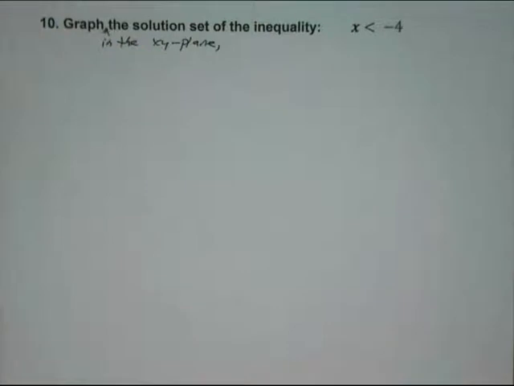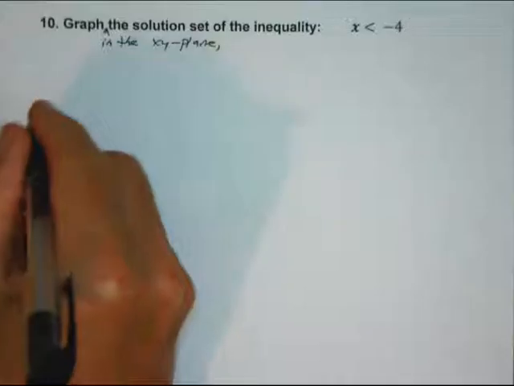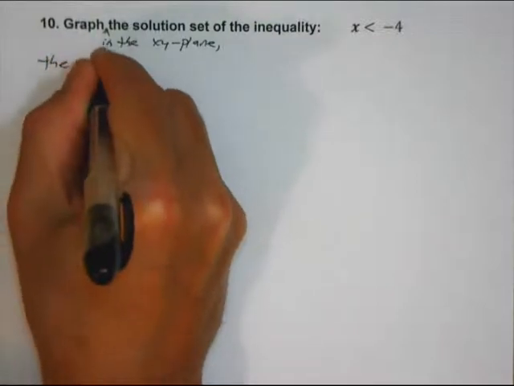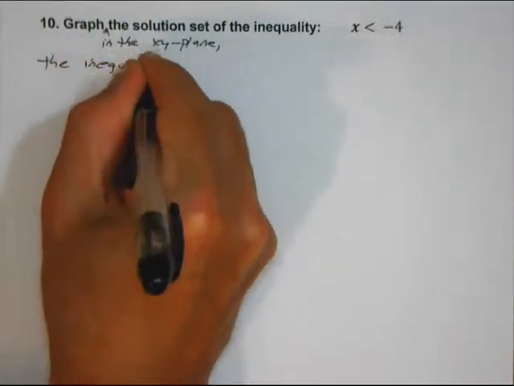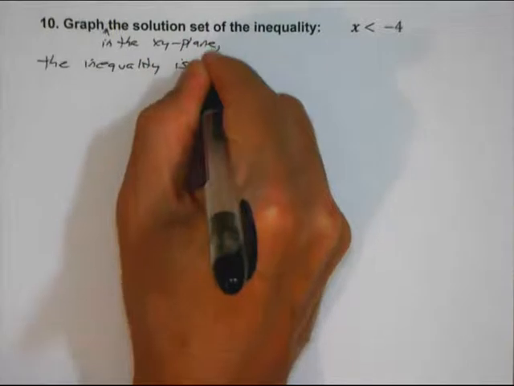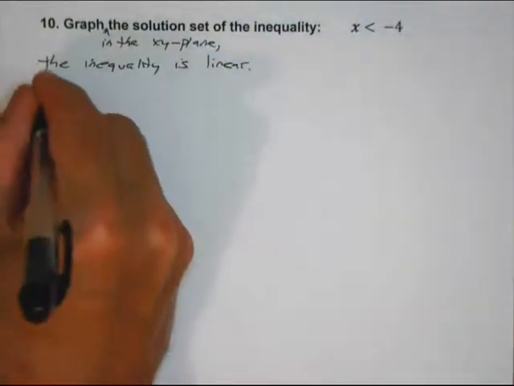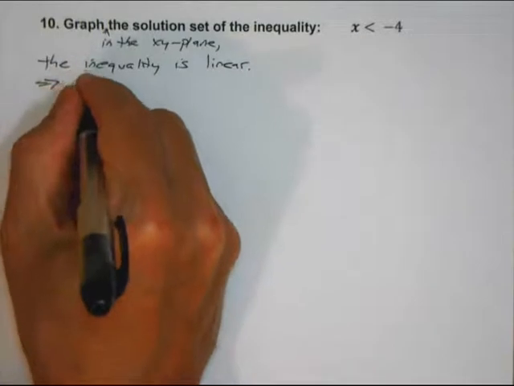So here we go. This inequality is linear. And this means the graph will be a half plane.